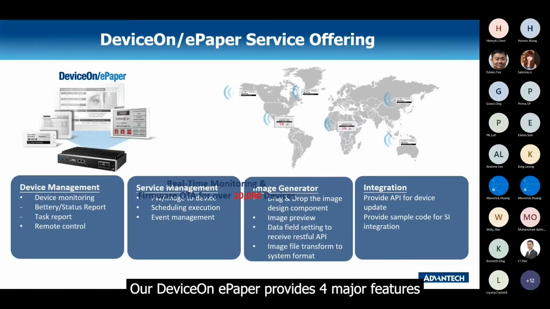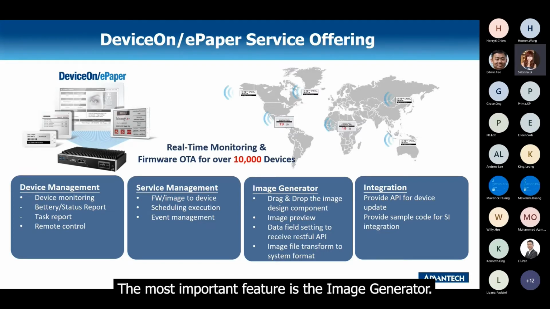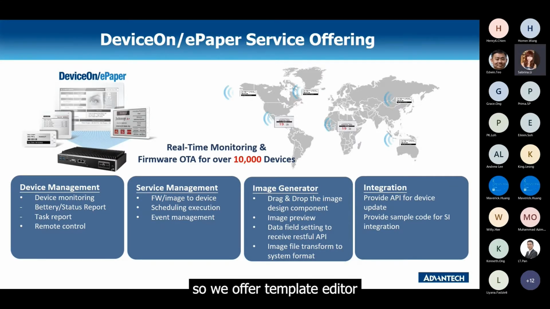Our Device On ePaper provides 4 major features for you to manage the device. We provide device management to report device status and battery status, and the user can also remote control the EPD. The most important feature is the image generator. Since all information shown on the device is an image, we offer a template editor to drag and drop image components, and the user can set up data fields on the template components for future automated image push.